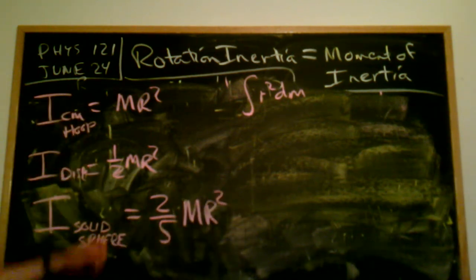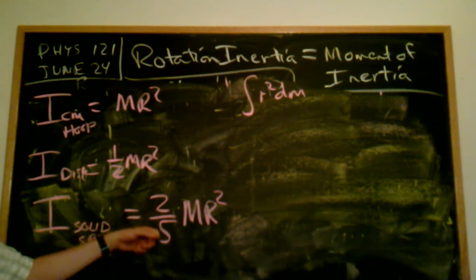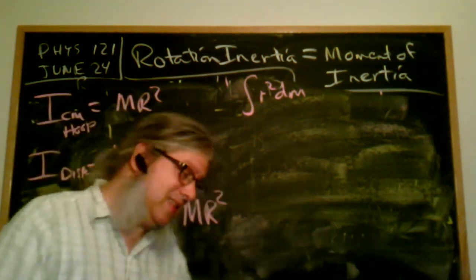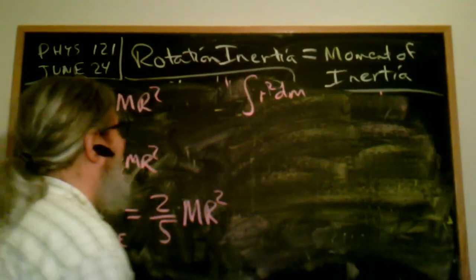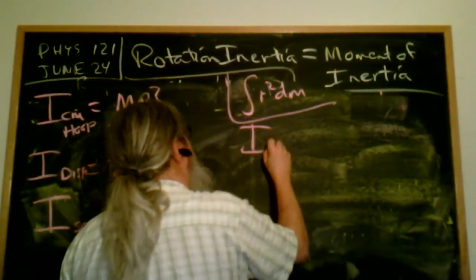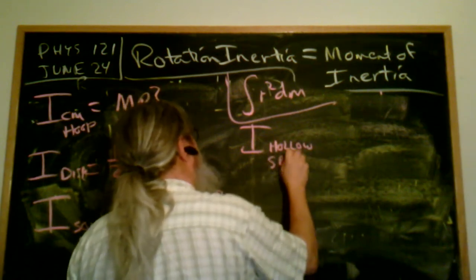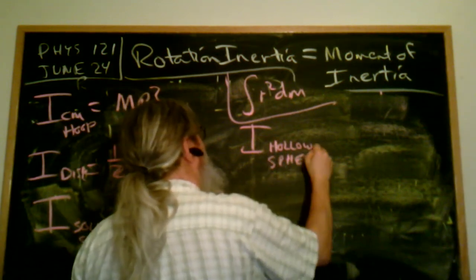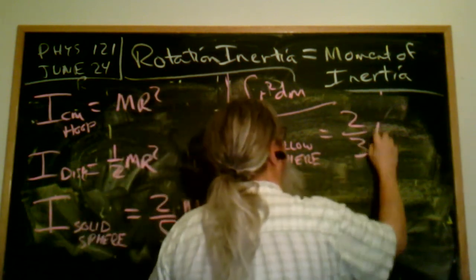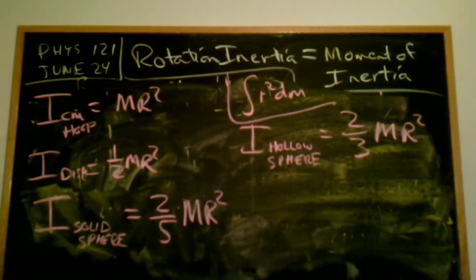In other words, there's always something times mr squared where this factor is smaller if there's more material concentrated towards the axis. Okay. In contrast, I for a hollow sphere, so this would be for a shell of material that's empty with all material on the outside edge, this ends up being 2/3 mr squared. So not as much as a hoop, but more than a disk.